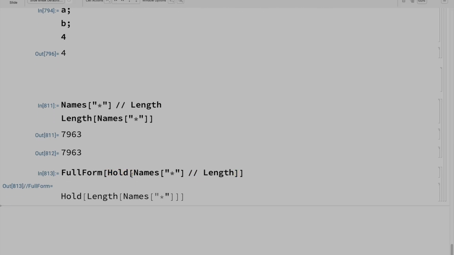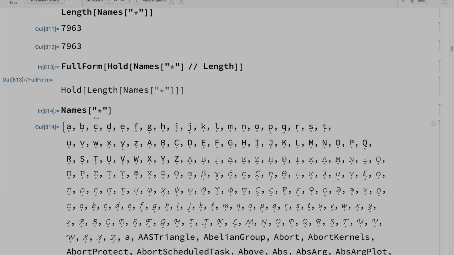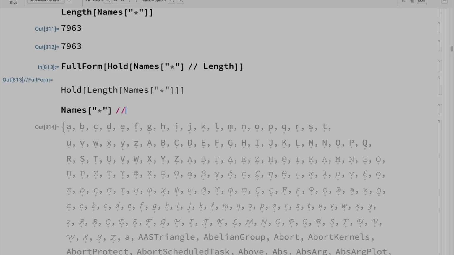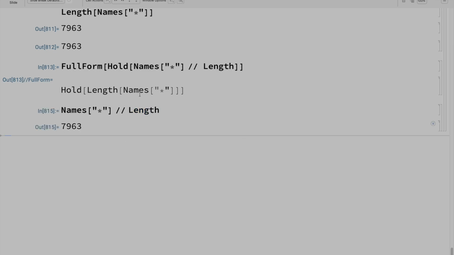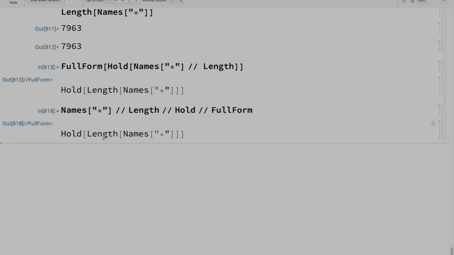I could have done this differently. I could have said this, right? So it gives me the names, and then I want to have Length tagged to the front. So I do this, and then I can do Hold. So it holds it. And then I can do FullForm, and I get the syntactic sugar of this.